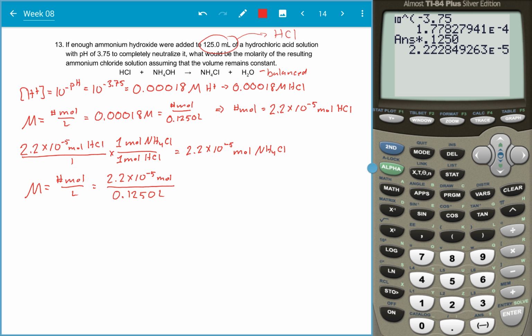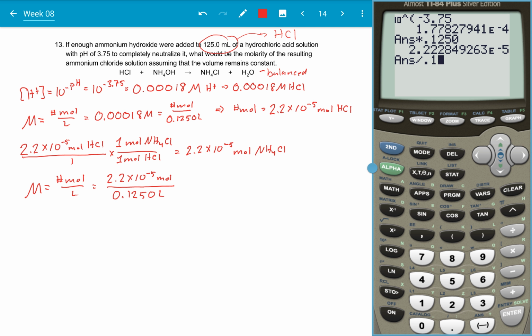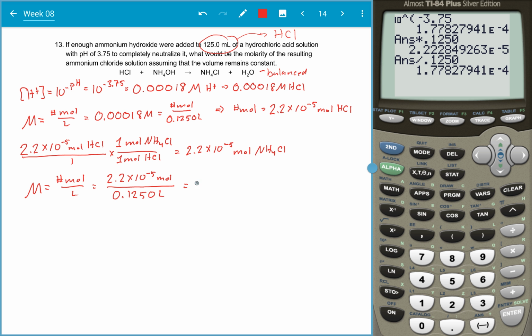So if I divide that by 0.1250, I end up with 1.8 times 10 to the minus 4 molar ammonium chloride, which would be my final answer. And in standard notation, 0.00018 molar.